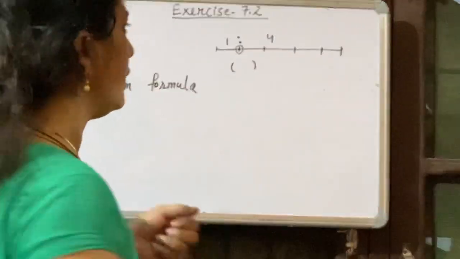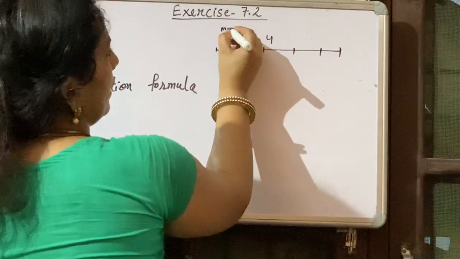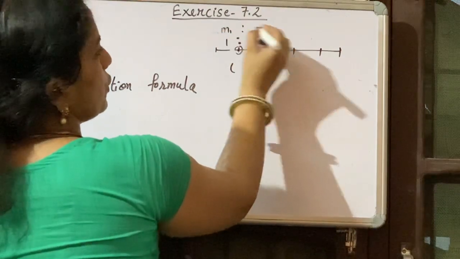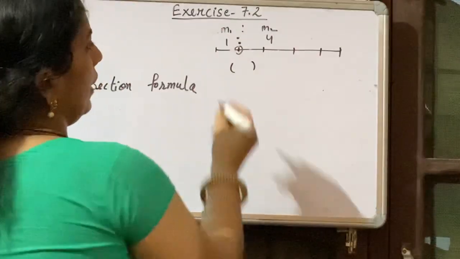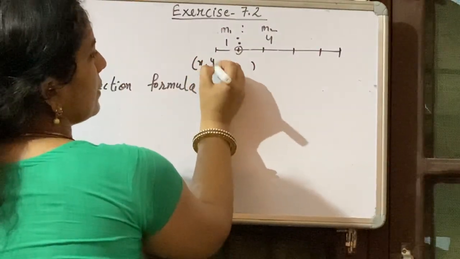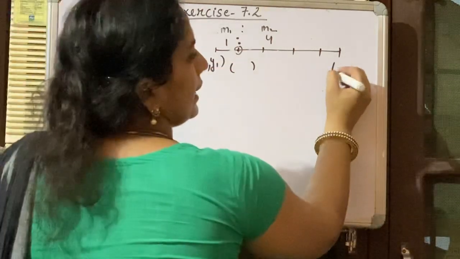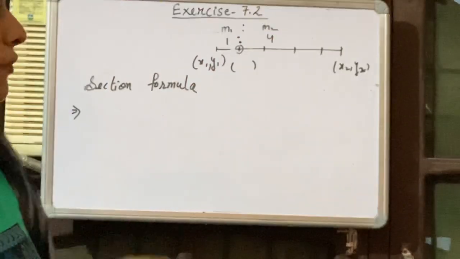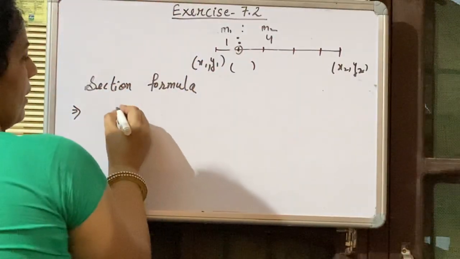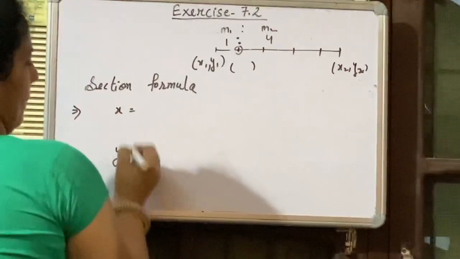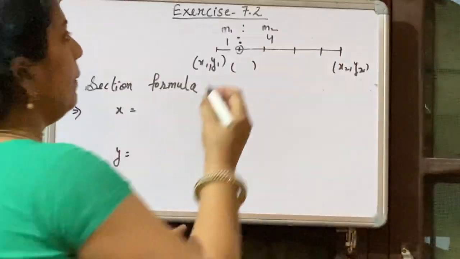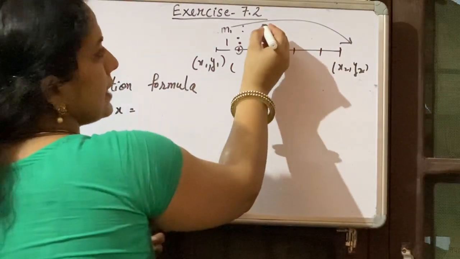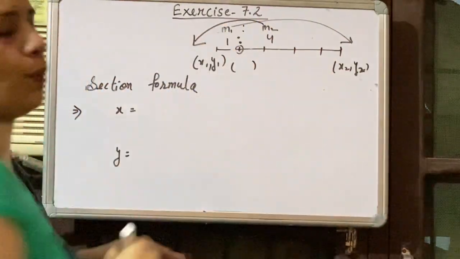Suppose the ratio is m1 ratio m2 and the points are x1 y1, and second point x2 y2. Then if we find the first part, multiply the first ratio with the second point, and the second ratio with the first point.